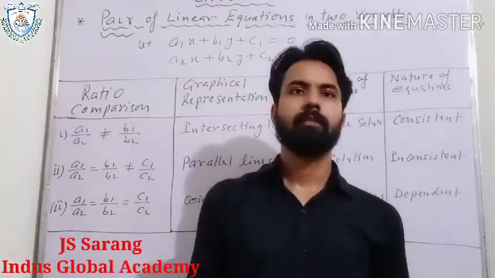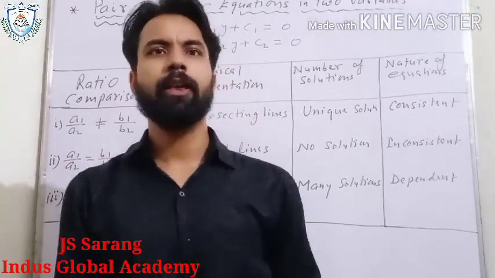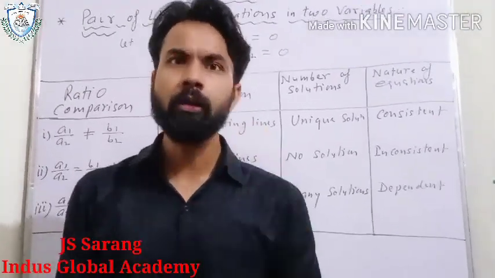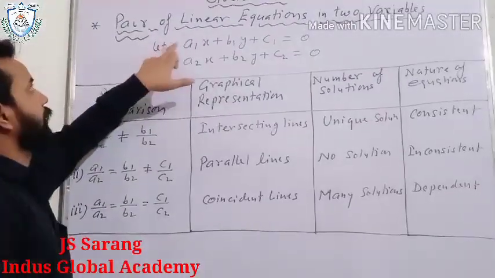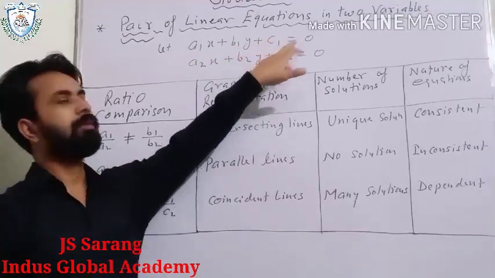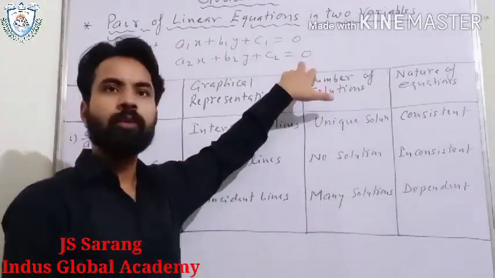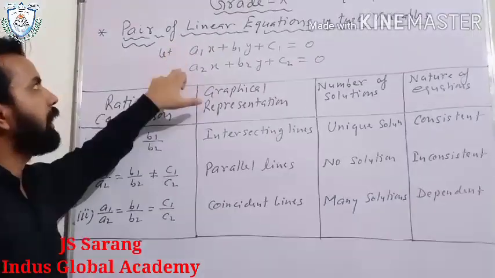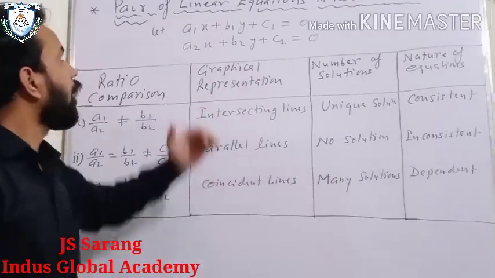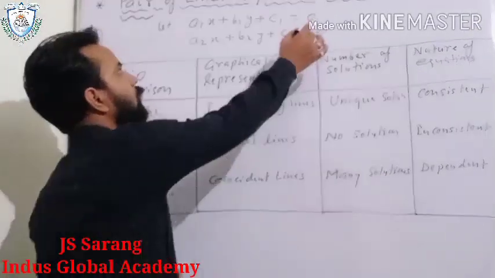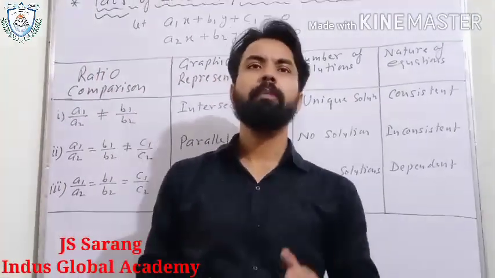Good. Students, now we will discuss some important points, and these points you have to keep in your mind. These are very important points. So see, let a1x plus b1y plus c1 equal to 0 and a2x plus b2y plus c2 equal to 0. This is a pair of linear equations in two variables. So here, how can we identify whether these two lines are intersecting lines, coincident lines, or parallel lines?